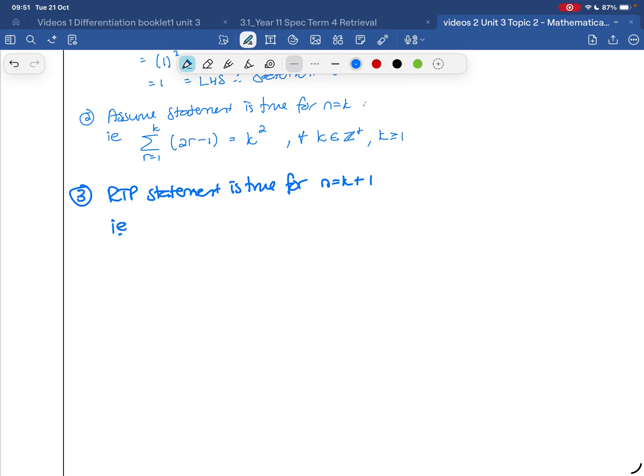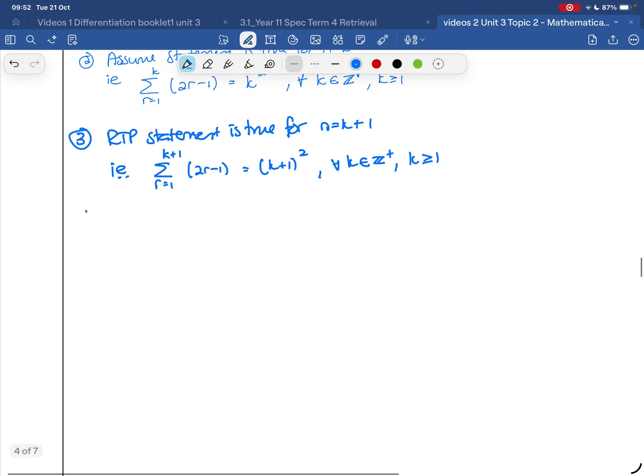So in other words, I'm looking for my sum from r equals 1 to k plus 1 of 2r minus 1, and we want to show that that is equal to k plus 1 squared for all positive integer values of k, and k is greater than or equal to 1.